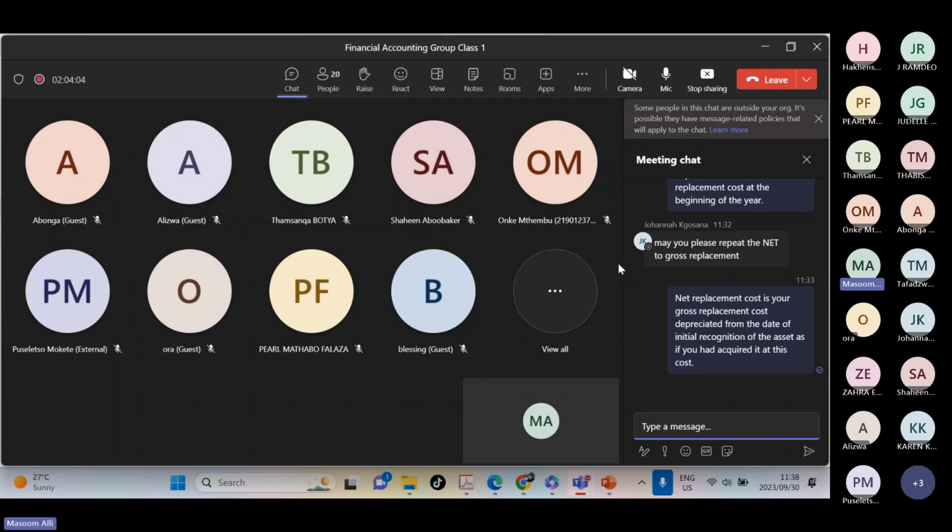So our net replacement cost at the beginning of the year is 1.8 million. Happy with that? What is our remaining useful life at the beginning of the year? The 6 years, which will give us 300,000 depreciation. So then we work back to the 1.5.